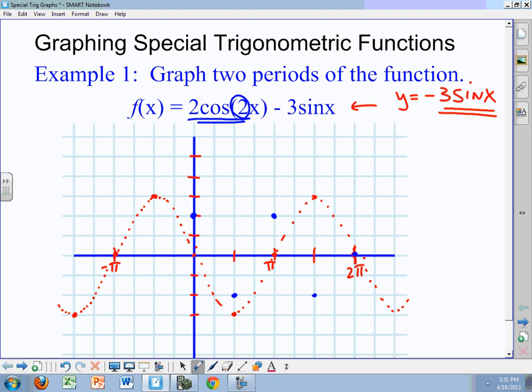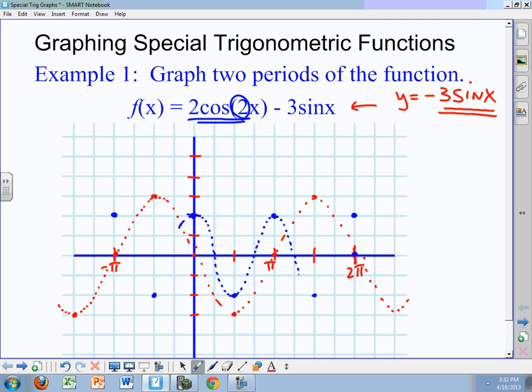So this is real nice because I notice that there is a coordinated point. Let me go back 2 more over. That appears to be here, and 2 more back goes up to the top. Let me see if I did that right. Yep, that looks, oh, I think I made a mistake here. Way over here on the far side, this should be up here at 2 pi comma 2. Notice how that graph should be there, which means it's going right through the x-axis at that halfway point.